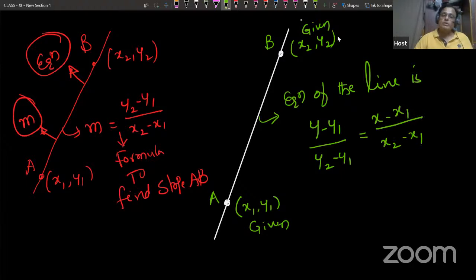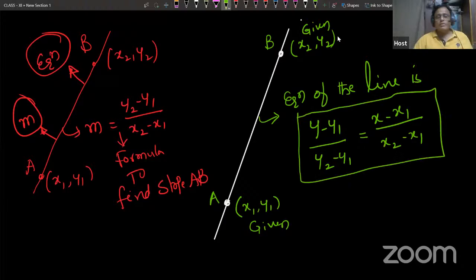So remember, this is a little bit complicated. Whenever the line is passing through two given points, to find the equation of the line, the formula is (y minus y1) divided by (y2 minus y1) is equal to (x minus x1) divided by (x2 minus x1).